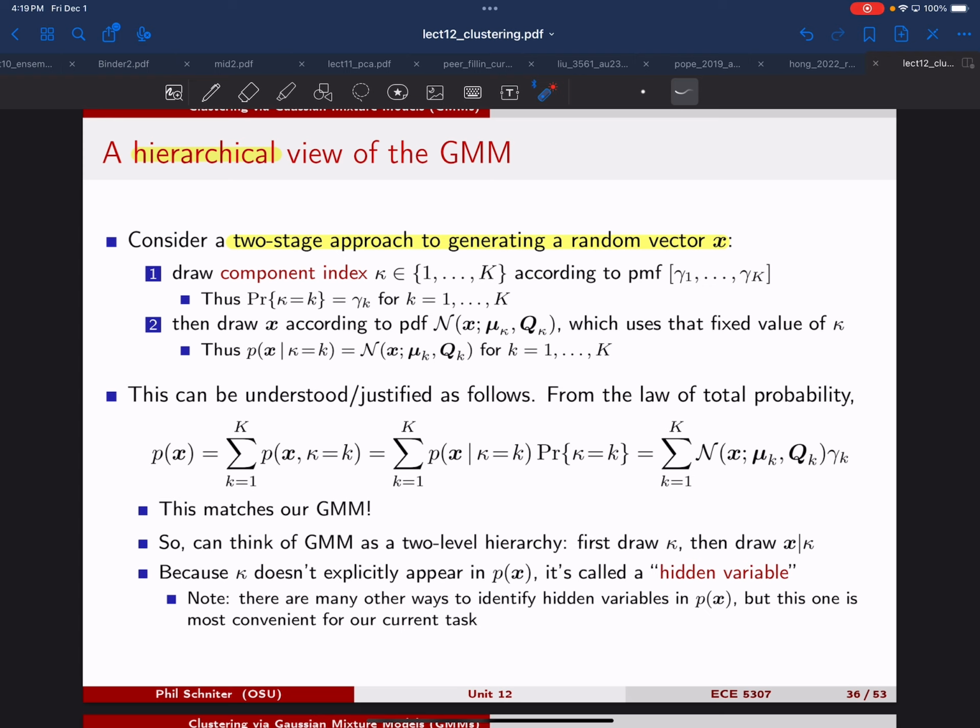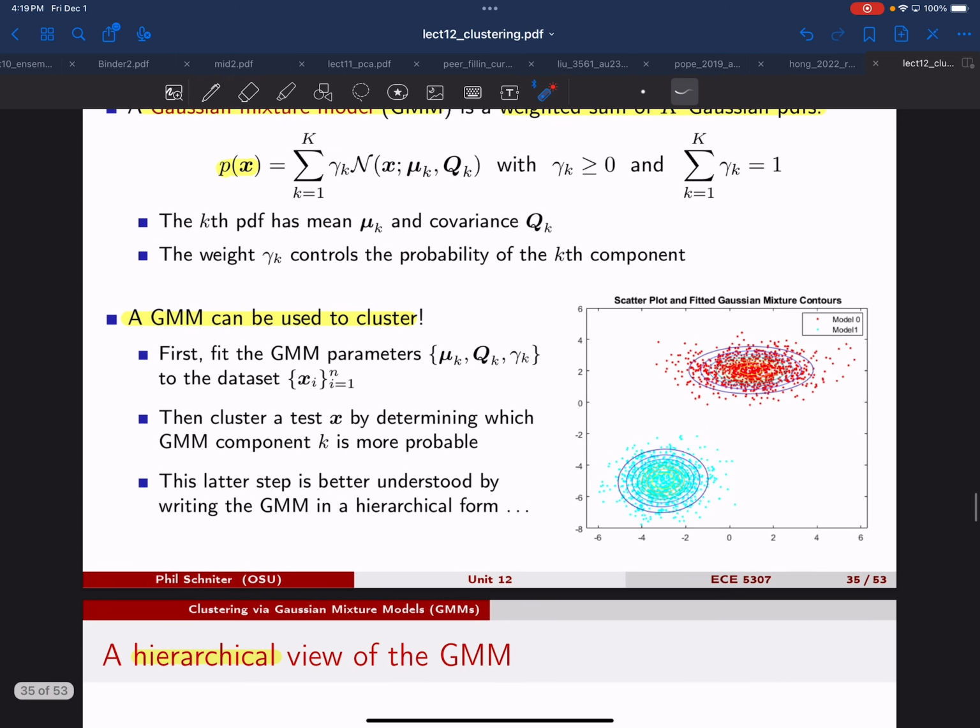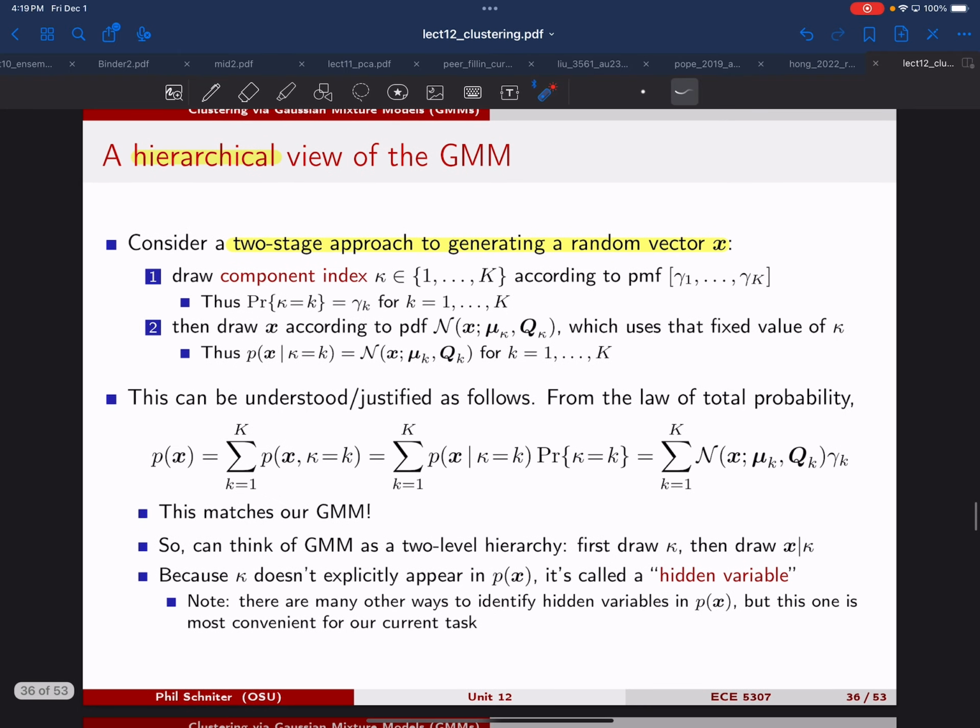Again, the two-stage approach: first draw a component index. We have components indexed by k, so we're going to call kappa the component index. This is a random variable: which mixture is it coming from? It's a discrete random variable, with values that are integers from 1 to capital K. Is it coming from the first, second, all the way to the kth?